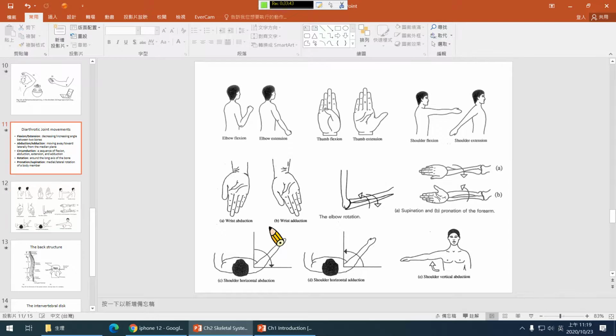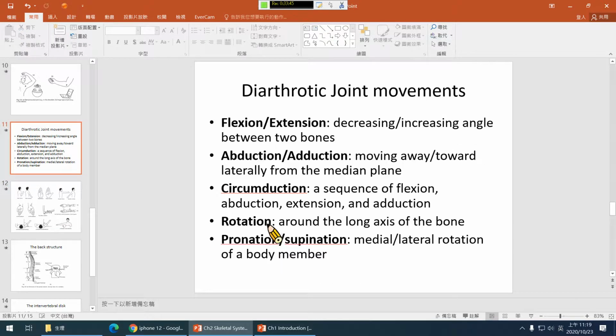Okay, it's not shown here, but I can show it to you. If you do this, or this, fingers can do a lot of circumduction. So if you break it down, it's actually extension.